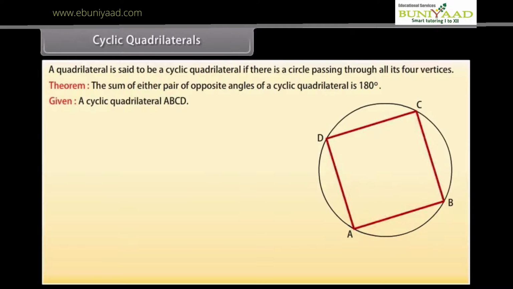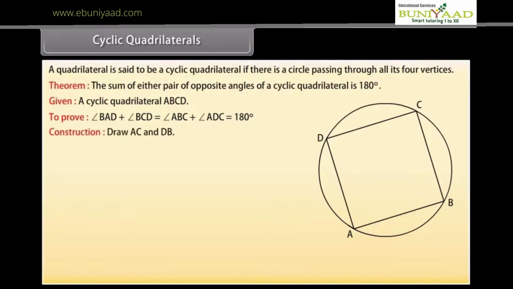Given a cyclic quadrilateral ABCD. To prove, angle BAD is equal to angle BCD, which is equal to angle ABC plus angle ADC, which equals 180 degrees. Construction: draw AC and DB.